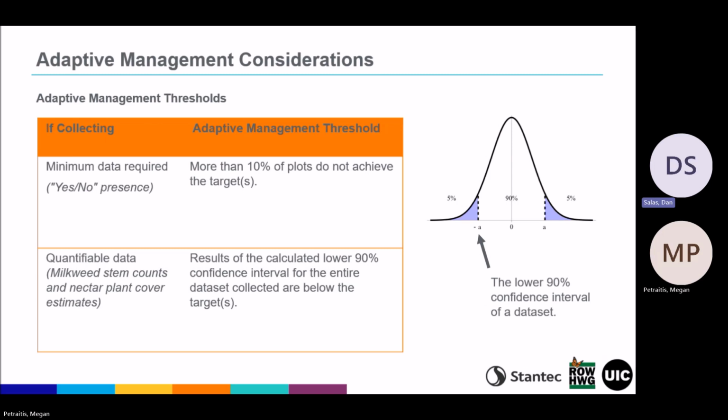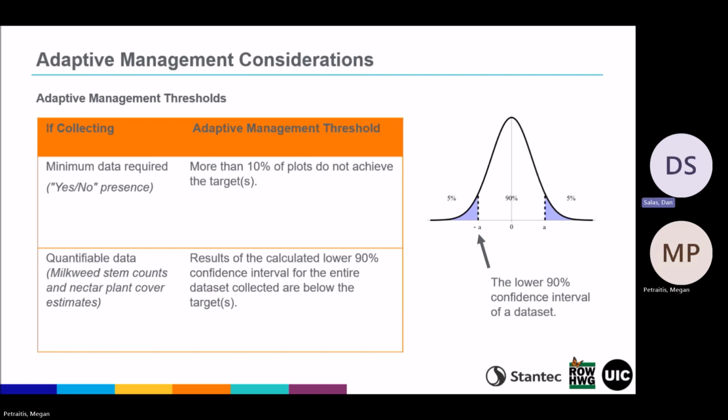And so we're looking at the lower end of that range to see if it is above those threshold targets. If you're in the Midwest and East, we're looking for that lower end to be over 6 stems per acre. If you're in the South or West, we're looking for that to be over 2 stems per acre.